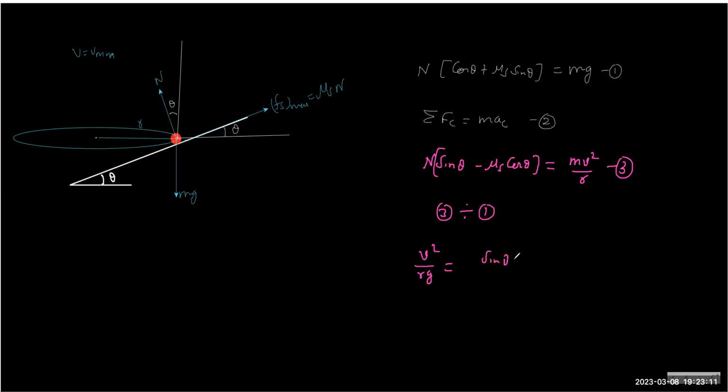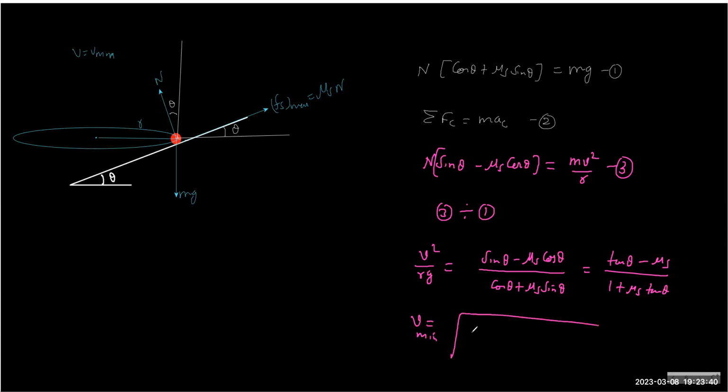It is sin theta minus mu s cos theta upon cos theta plus mu s sin theta, which you can take cos theta common, so it will come tan theta minus mu s, or you can simply divide by cos theta in numerator and denominator and get 1 plus. See, a similar answer, right?